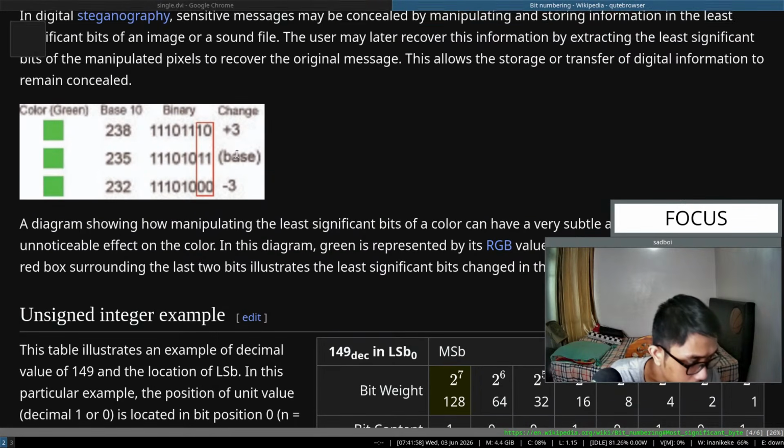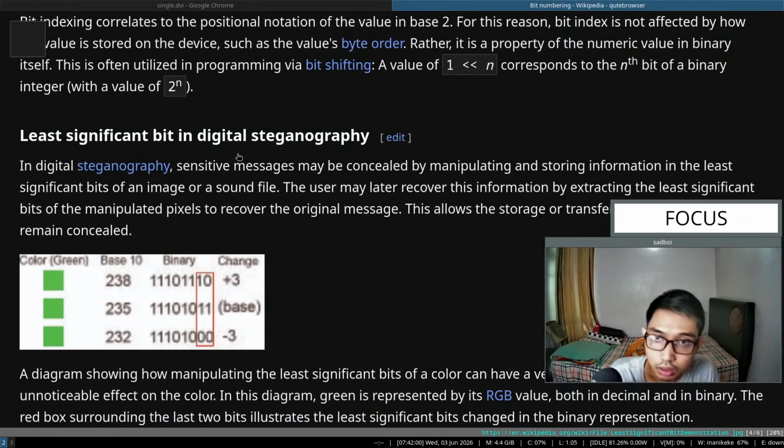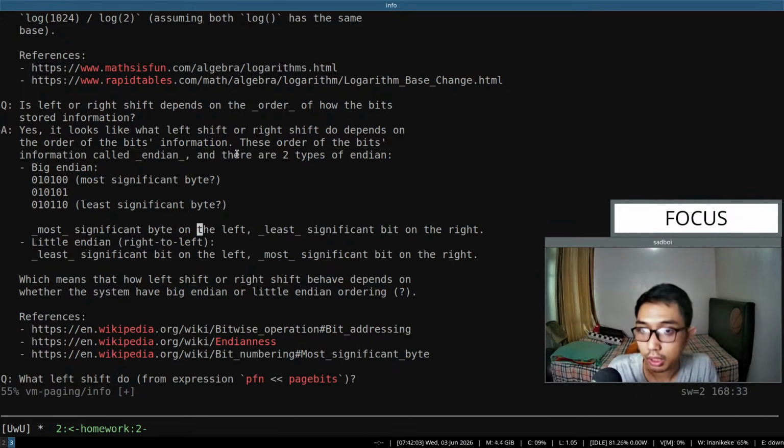Byte significant. Okay, so it is in byte.